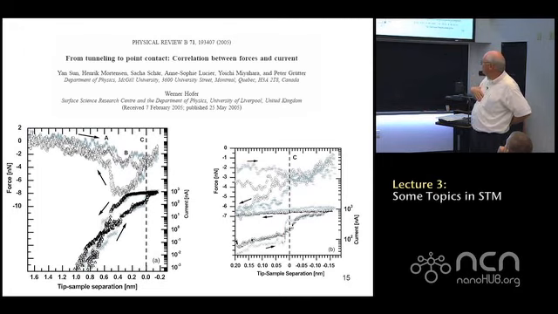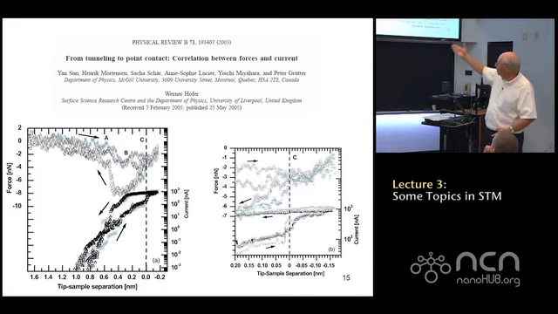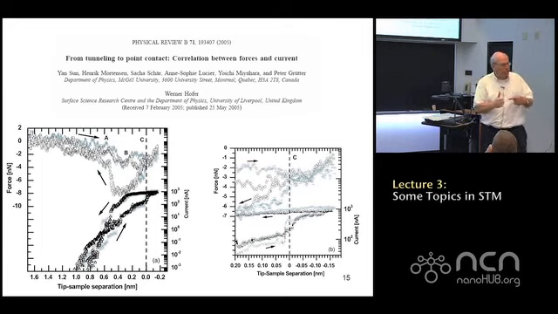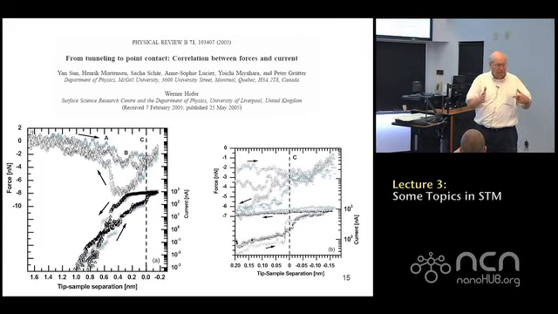What you see is that as the tip approaches the gold substrate, the current goes up roughly exponentially. It's straight line behavior. Anytime you see straight line behavior on a log plot of the current versus tip sample separation, that means there's an exponential dependence of the tunnel current with position, and that should be familiar to you by now.